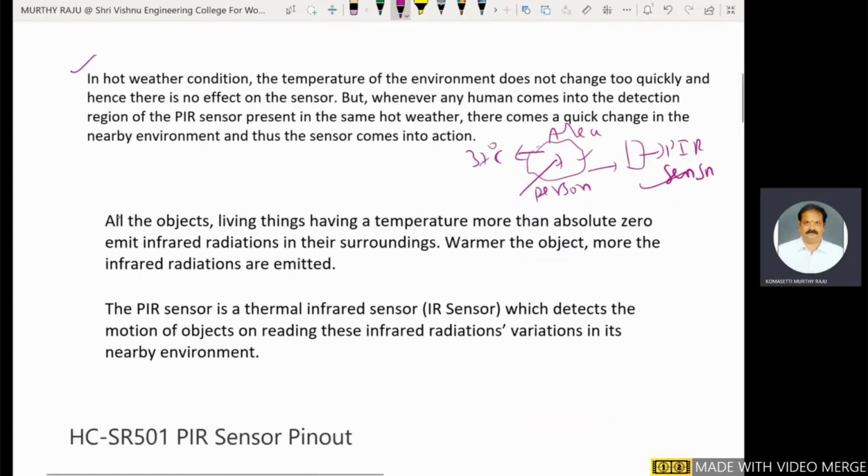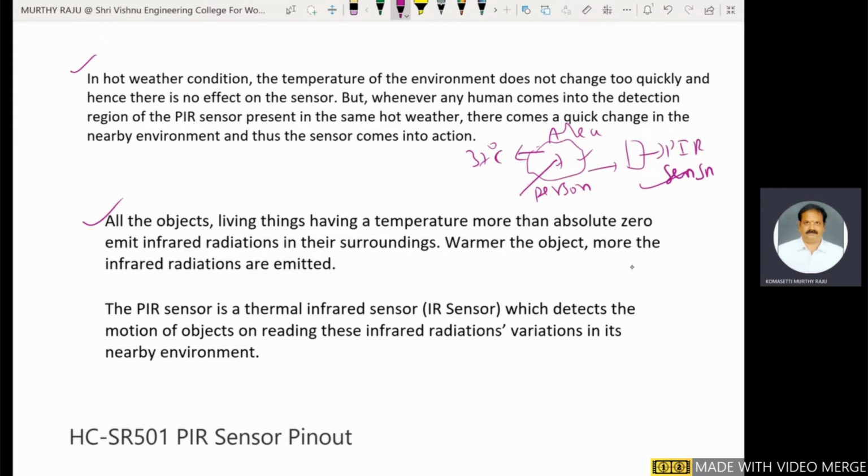All living objects like animals and persons have a temperature more than absolute zero, minus 273 degrees centigrade, and emit infrared radiations in their surroundings.